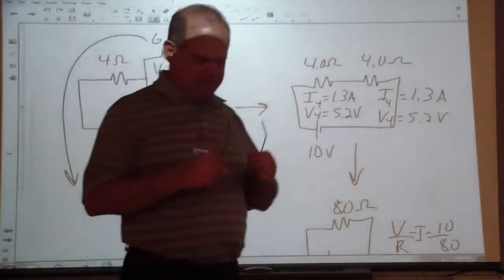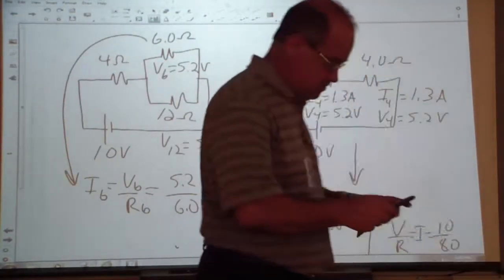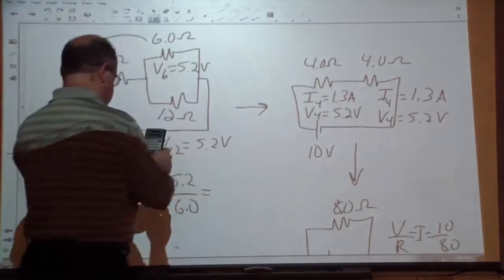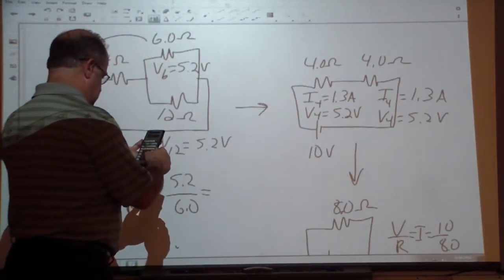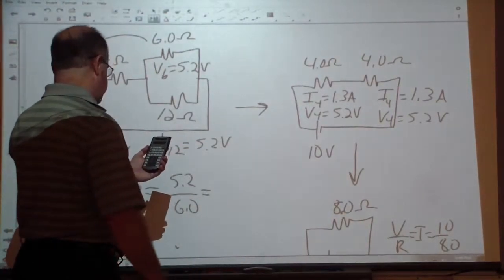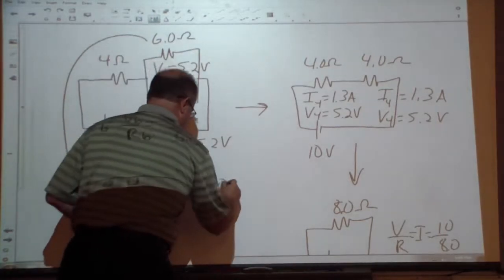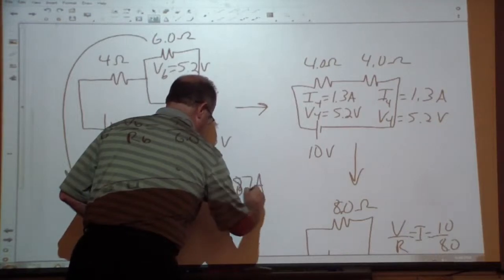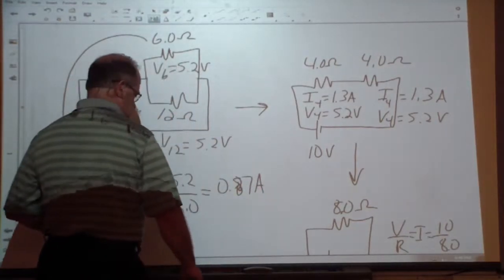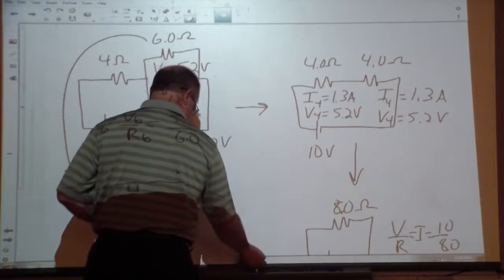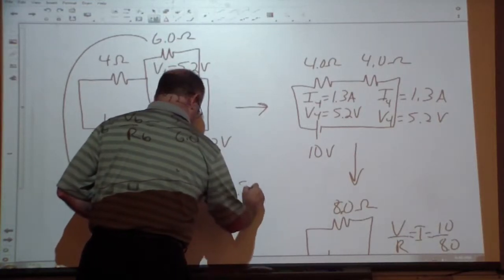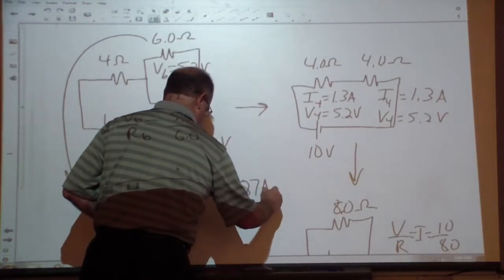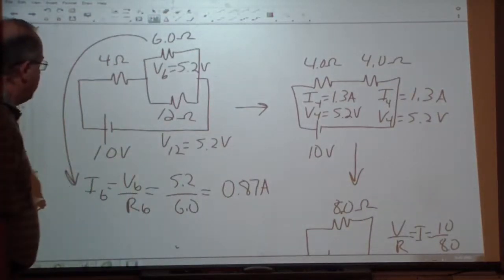Let's check: 5.2 divided by 6 is 0.87 amps. That's an 8, guys. Okay, we're done with that one.